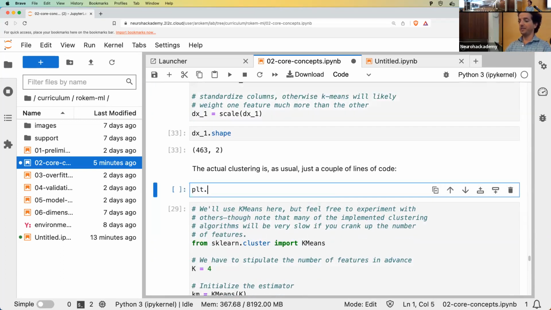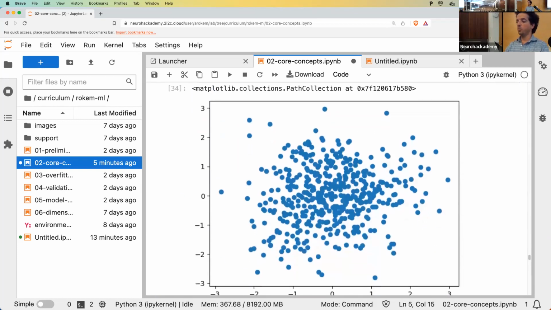We'll plot that. Somewhere here, we're going to plot 4 points. And then for every data point, we find the centroid that's closest to that point.